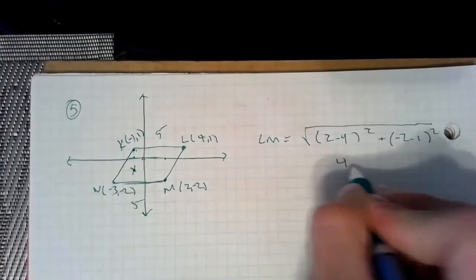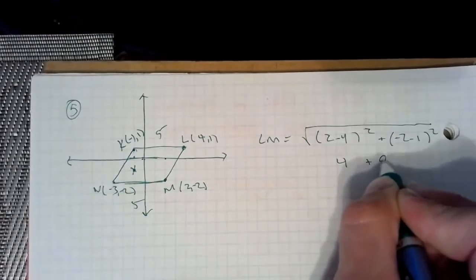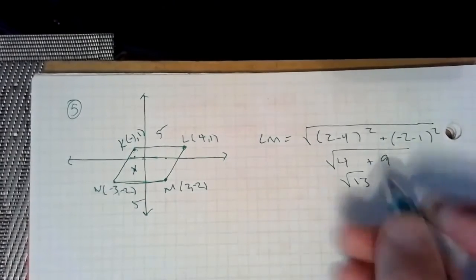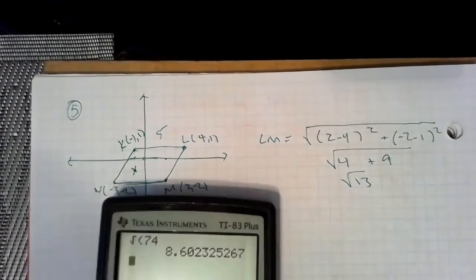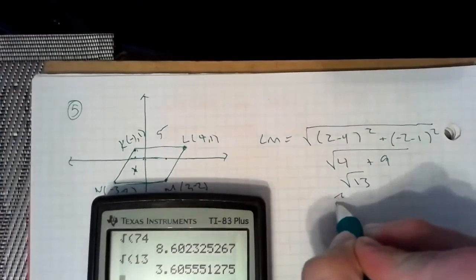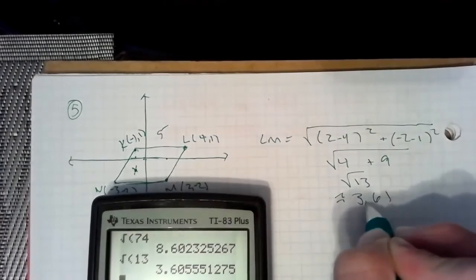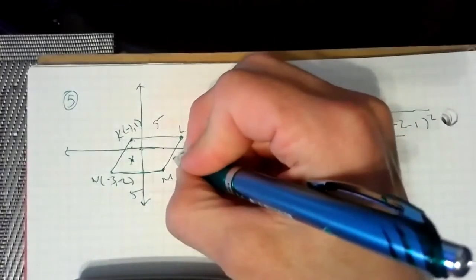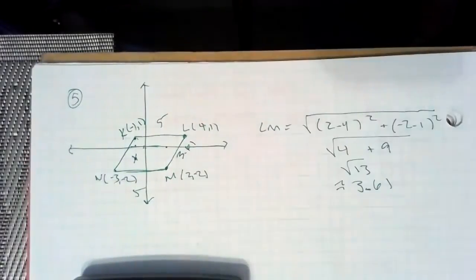Negative 2 squared is 4, negative 3 squared is 9, and we are talking about the square root of 13. Trusty calculator. Looks like it's about 3.61. Don't forget your squiggly lines for about.